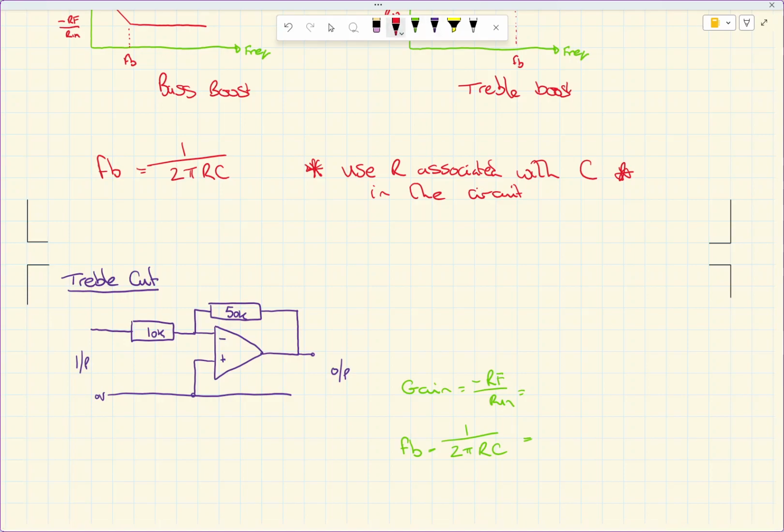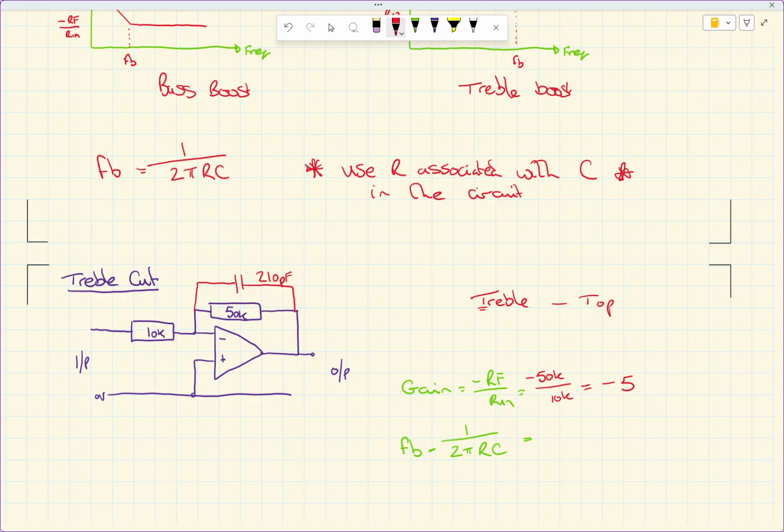Treble, T, means on top, so I'm going to put my capacitor there on top like so, and I'm going to make it 210 picofarads. Okay, so looking at calculating the gain for this circuit, I've got a 50k over a 10k, so that's a gain of -5.